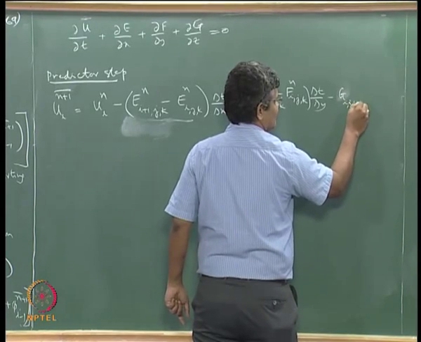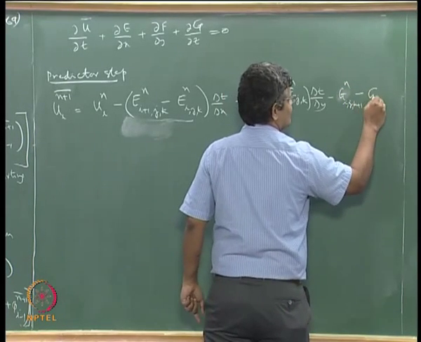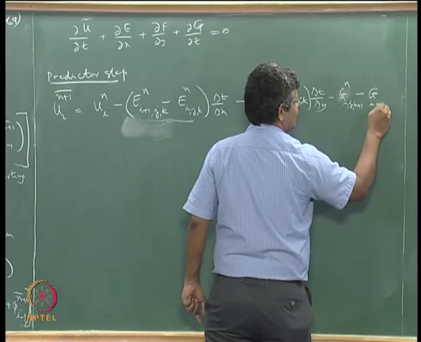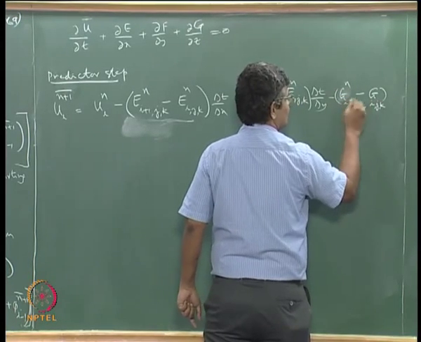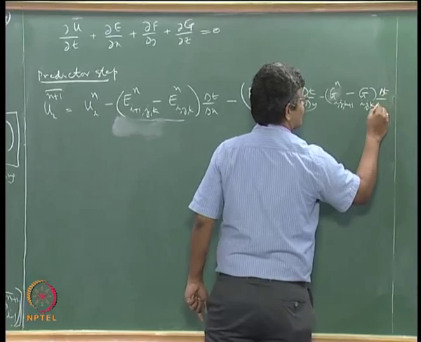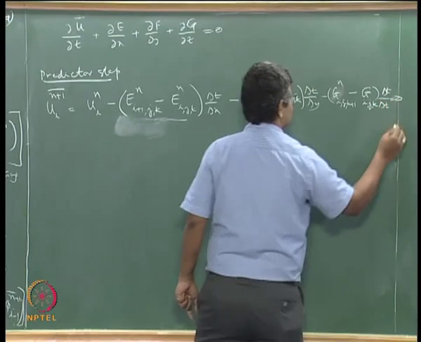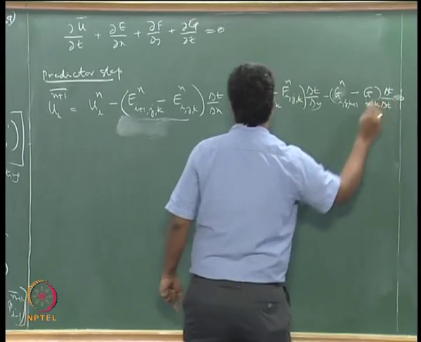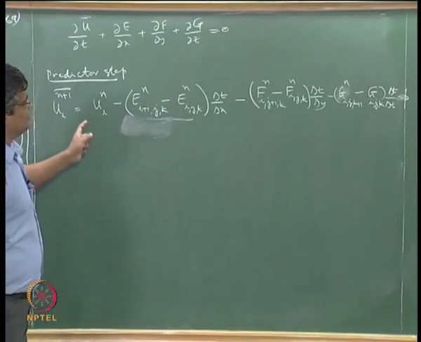So g i j k plus 1 n minus g i j k times delta t by delta z equal to 0. Okay. We have taken them on to the right hand side.